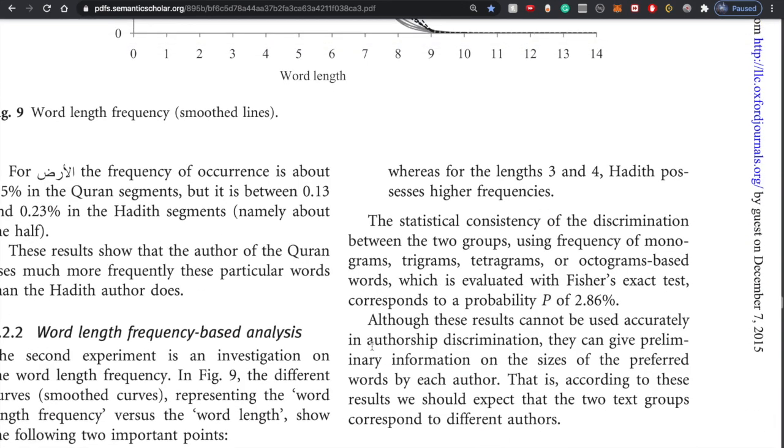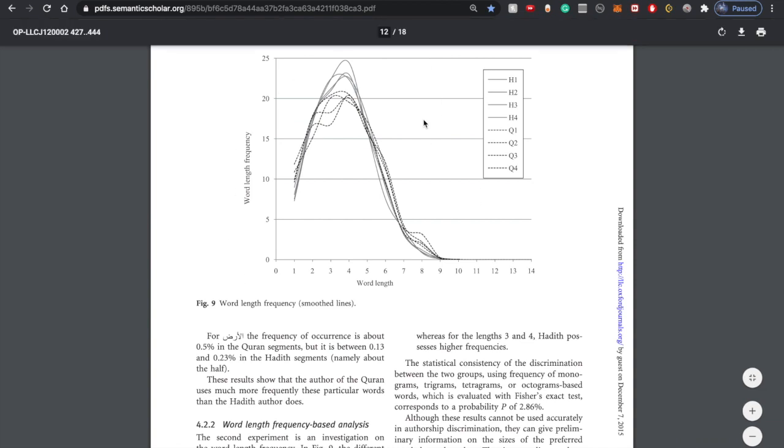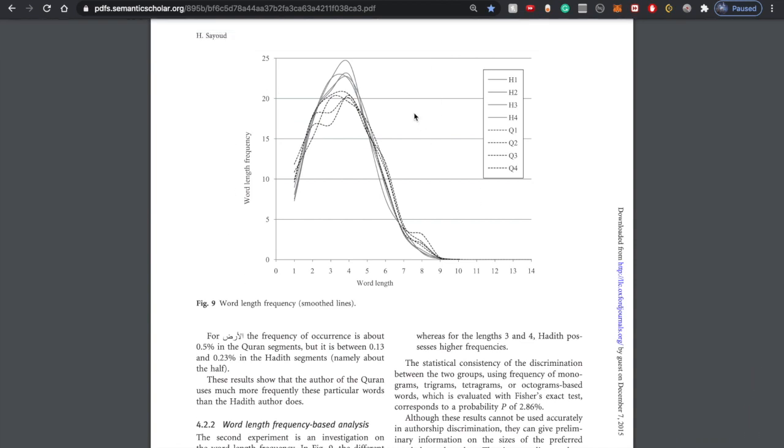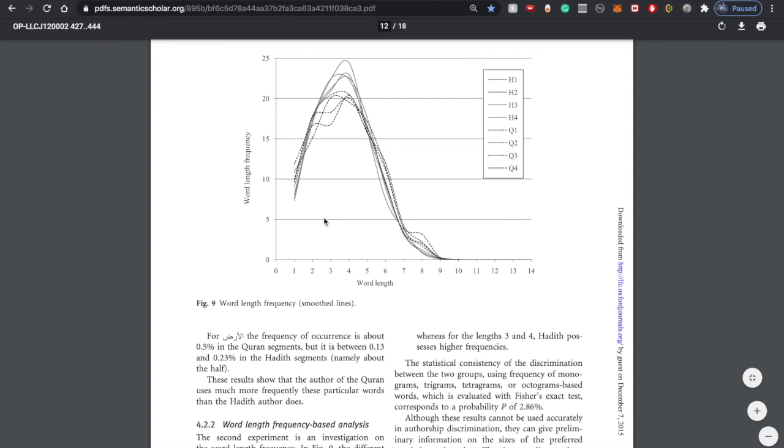Now, how different are these? Of course, again, you have to keep in mind the context that certain word lengths are going to be more popular. I said letters before, but I meant word lengths. For example, obviously, you're not going to have too many words that are made up of one letter or 2 letters, and you're going to have similarly fewer words that are made up of 7 letters and 8 letters. So this general curve that you're seeing is going to be present everywhere in everyone's speech, right?